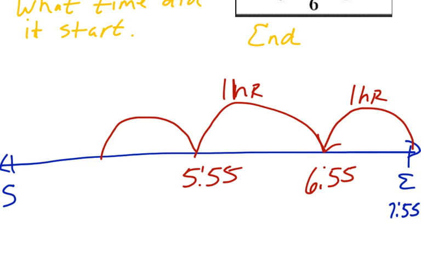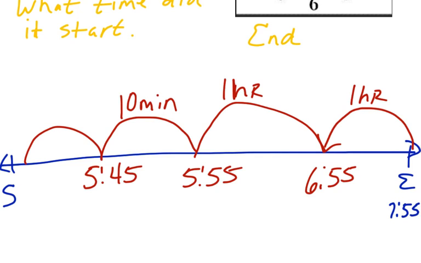First, I'm going to go back 10 minutes. And now it is 5:45. And now I need to go back 2 more minutes. So 2 minutes. And our start time would be 5:43.